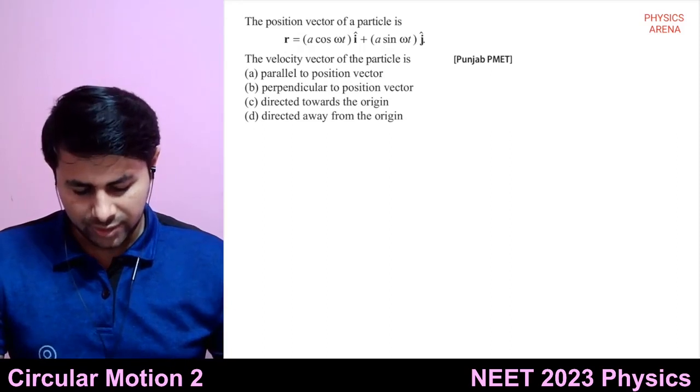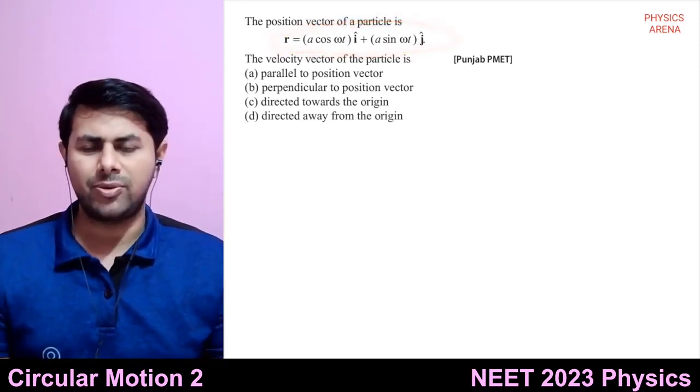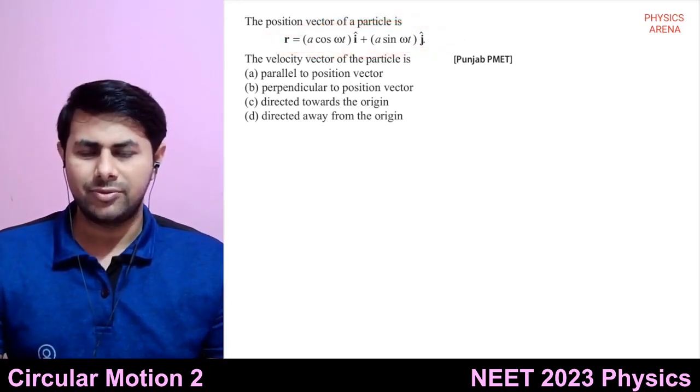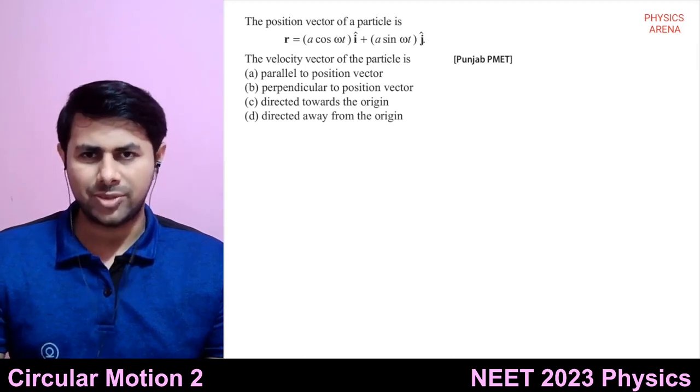Okay, this is position vector of a particle performing which kind of motion? Uniform circular motion.